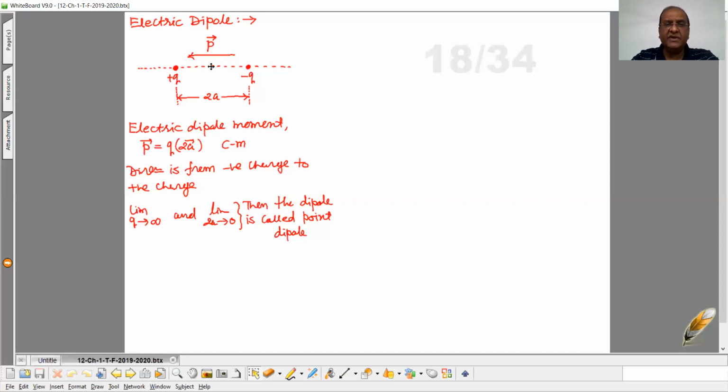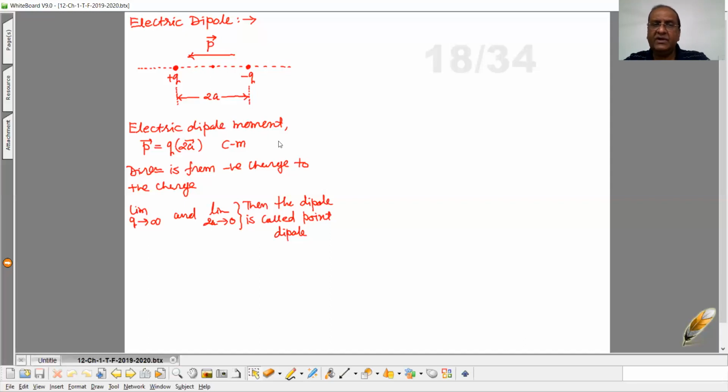Now, with respect to the center of the dipole, we consider the positive and negative charges to be at distance a on either side, and the total distance between the two charges is represented by 2a. Here one very important physical quantity is defined for a dipole, and that is the electric dipole moment.